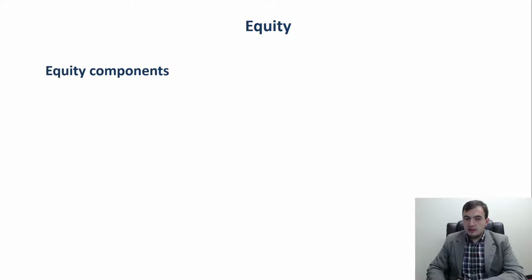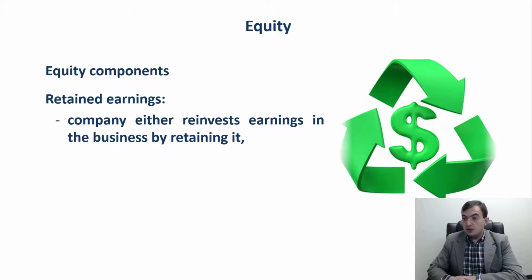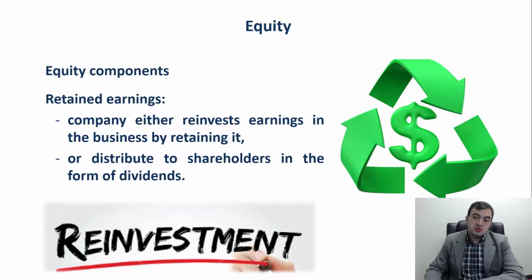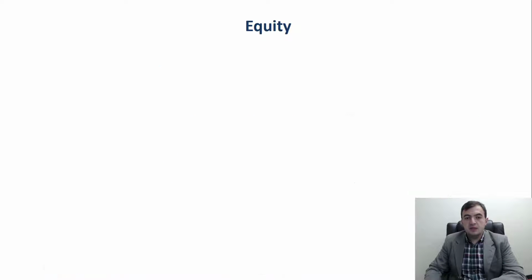So the components of equity can be retained earnings. The company has two choices. It can retain earnings and reinvest them to make the company grow, or the second option is to distribute dividends to shareholders, to pay them as dividends.